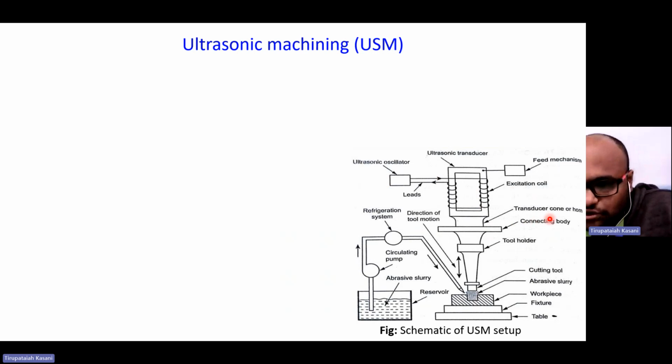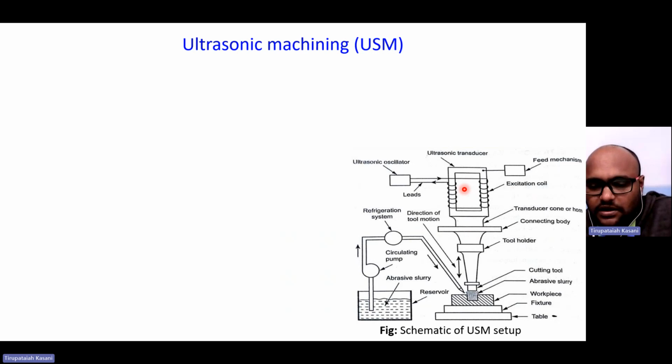This is the transducer cone or horn. This is the connecting body. This is the tool holder, this is the direction of tool motion, and this is the actual cutting tool. If you observe, whenever power supply is given, it oscillates in this direction, ultrasonic with high frequency.